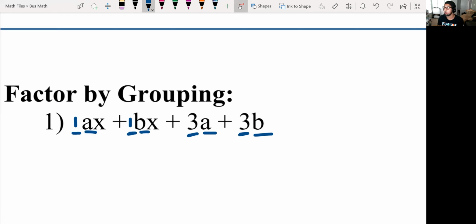Since not every term has an a and not every term has a b, we can't factor that out. And then x, x, no x over here. There's no x here, and there's no x there. So this means we actually do not have any greatest common factors. So we can proceed to factor by grouping.